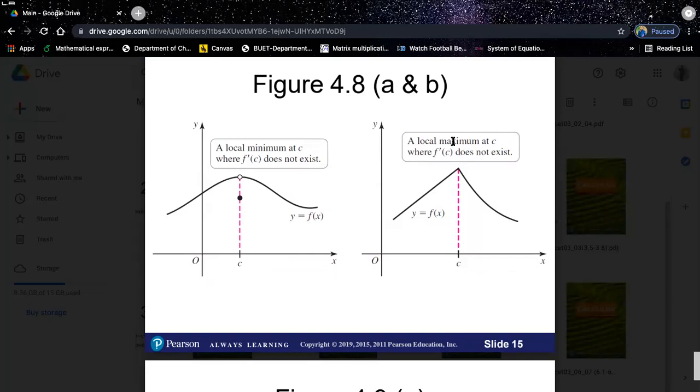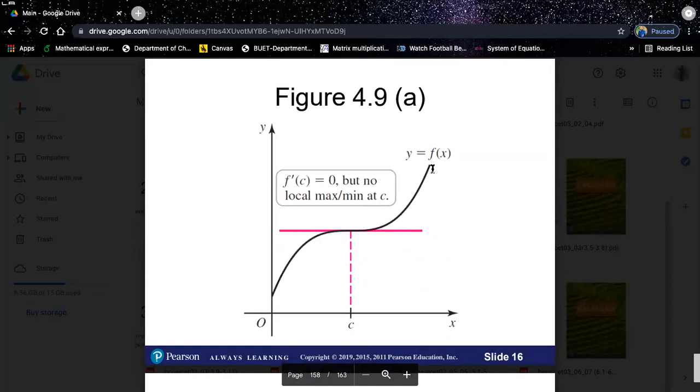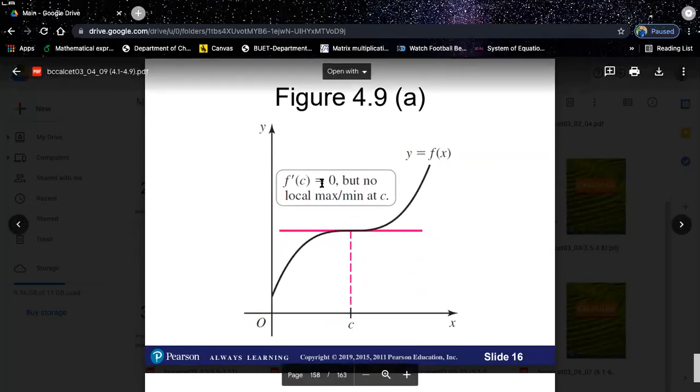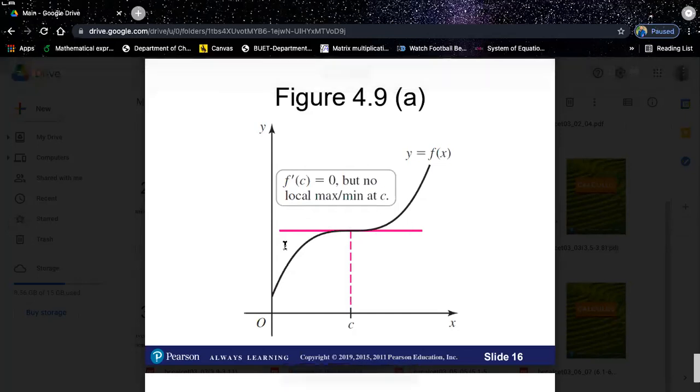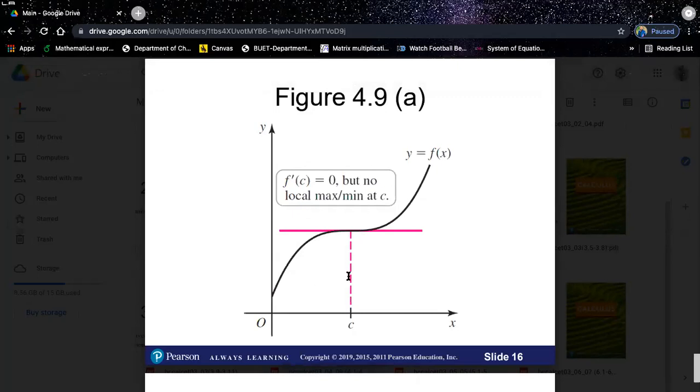You just need to see which situation fits the graph best, and then pick that option from the multiple choice question, of course. If I give you a graph like this, obviously one of the options will say that at this point the first derivative is 0, but you don't have any minimum or maximum value. You just need to pick that option.